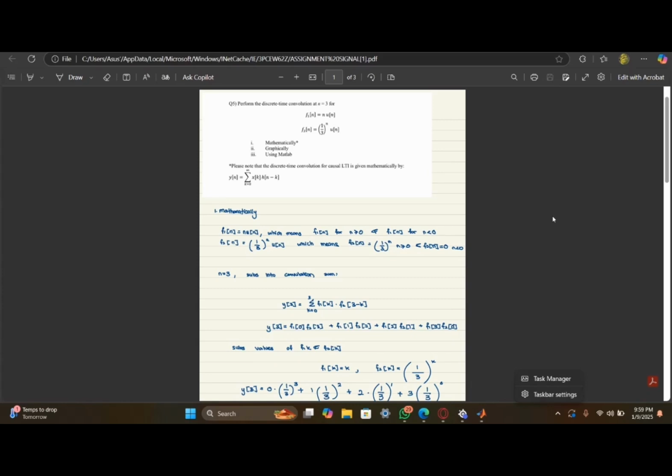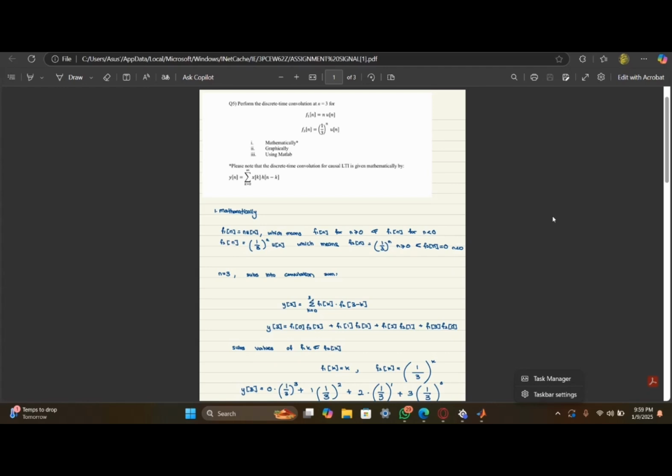Now we will do question 5, which is to perform the discrete time convolution for n equal to 3. We are given f1 n equal to n u in bracket n, and f2 equal to 1 over 3 power of n u n.